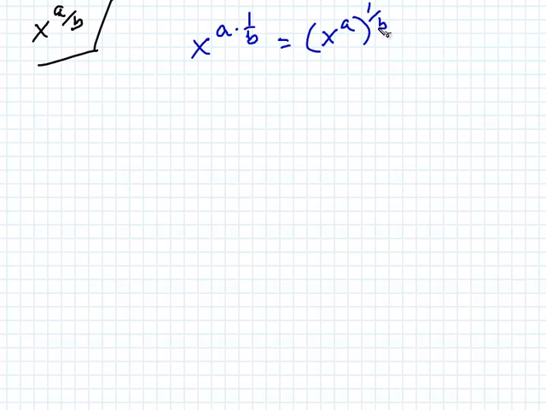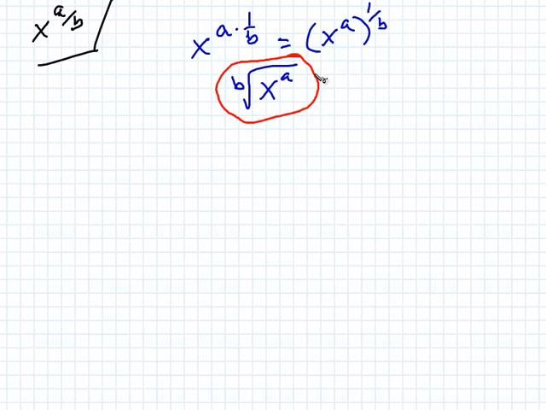The power of a power rule says that x to the a to something else is x to the product of these two, which is a times 1 over b, which would be x to the a over b. Well, this we can interpret because we know how to take reciprocal exponents, and now we have a reciprocal out here. So this is equal to x to the a, and then we take the bth root of that. Okay, so that's our definition of x to the a over b. So the a would be the power and b would be the root.